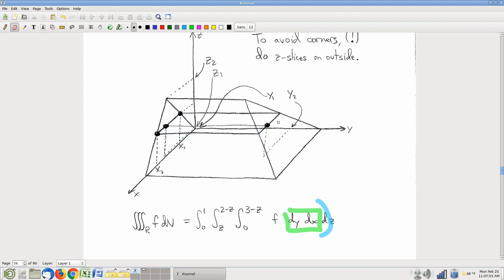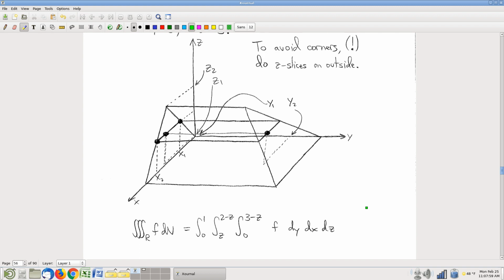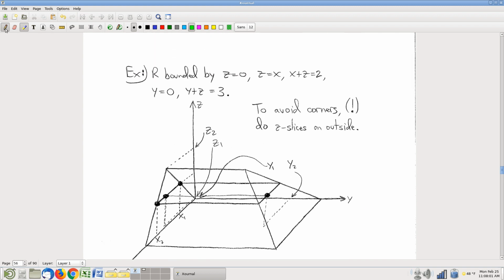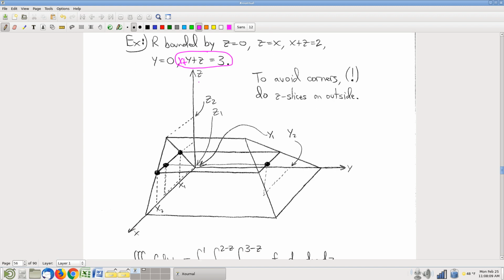You can do your X and then Y, or your Y and then X, and suit yourself. But let me point out that would not be so if I had changed this question a little bit. If this question had instead been X plus Y plus Z equals 3, then this would no longer be what that end side looks like. It would be something more like this.